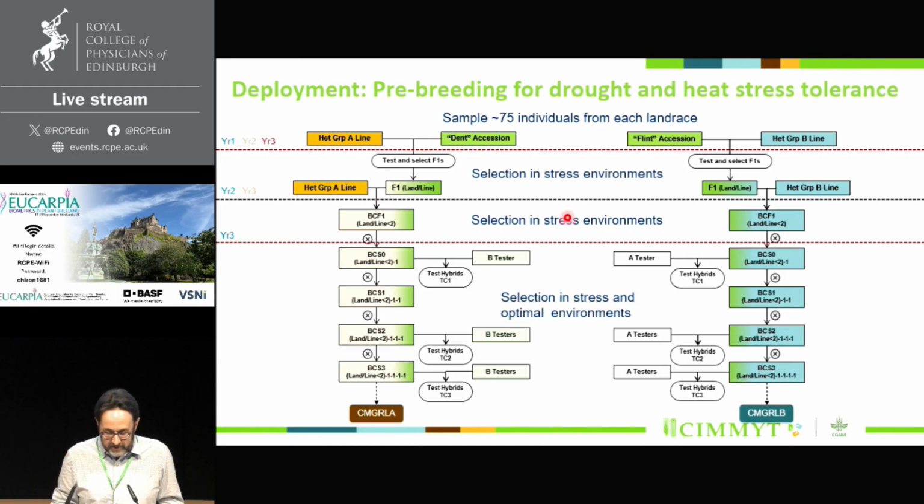So if we're bringing in individuals we think are good for heat, we will do this early pre-breeding population development in a hot environment.